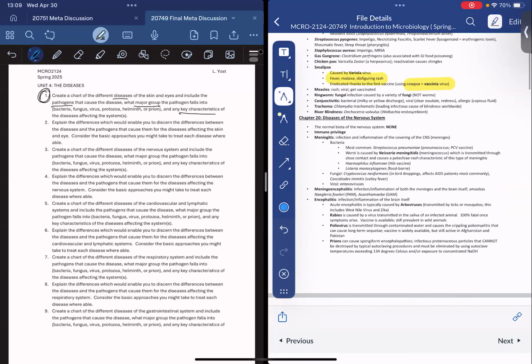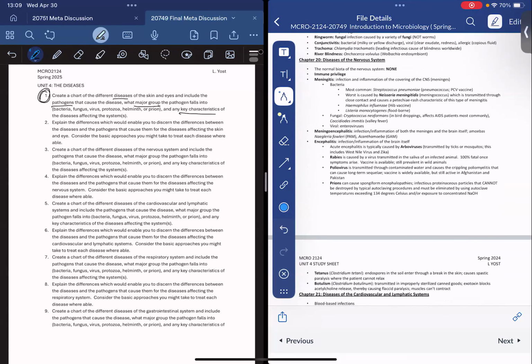In chapter 20, if I tell you that my gram stain shows gram-negative diplococci, that is causing a petechial rash associated with meningitis, which of the following categories does it fall into? Then you should know that it's bacterial. The reason you would know that is because our meningitis bacteria include Neisseria meningitidis, which is the meningococcus, transmitted through close contact and causing the petechial rash.